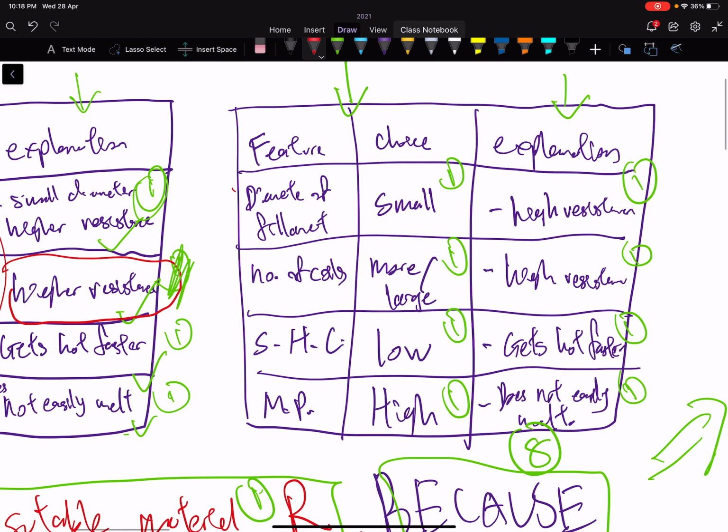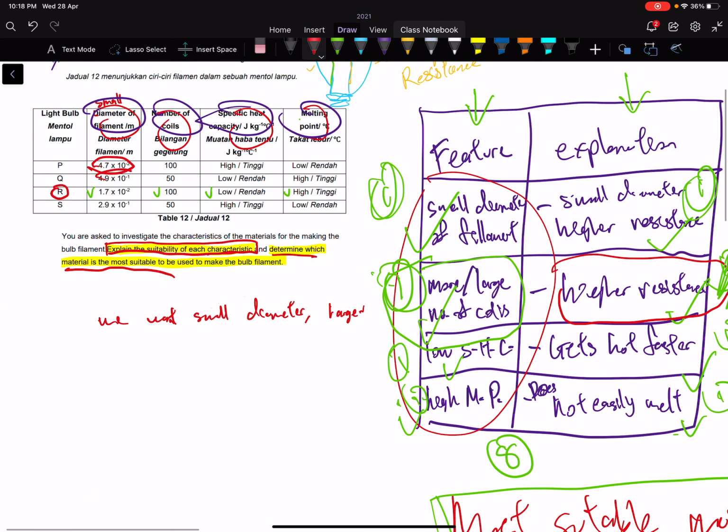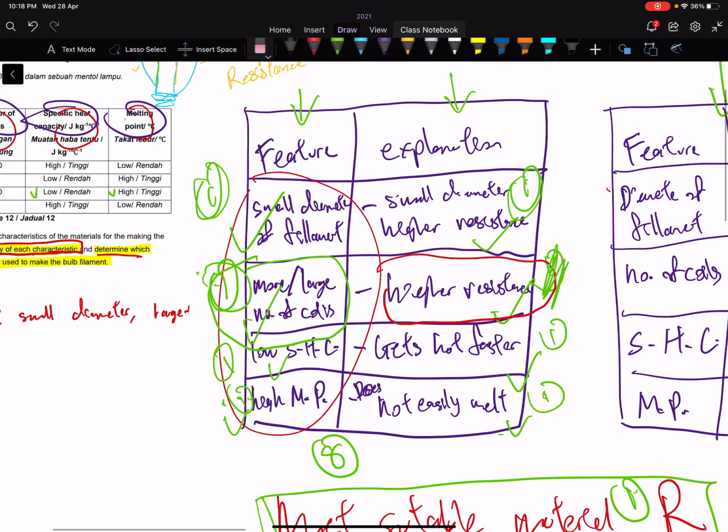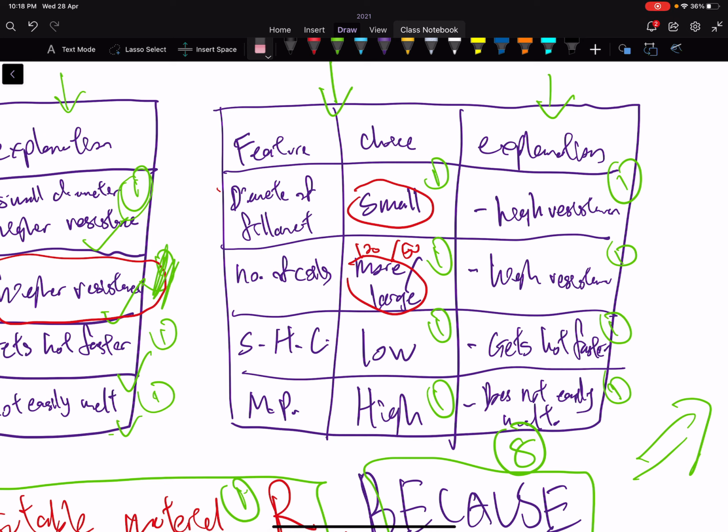By the way, sometimes you can see here we use the word small, and over here we use the word more or large. We did not use 100 or 50, or in the small case we didn't use all of these numbers. You need to generalize it, okay? Because sometimes some students, instead of writing small, they will write 1.9 times 10 to the power of minus 2 or something like that.